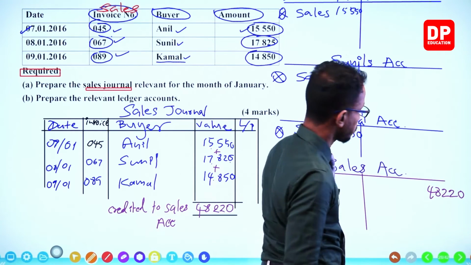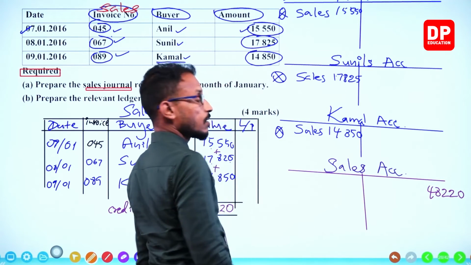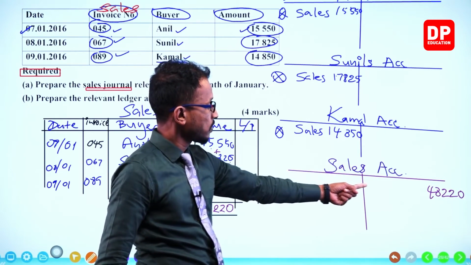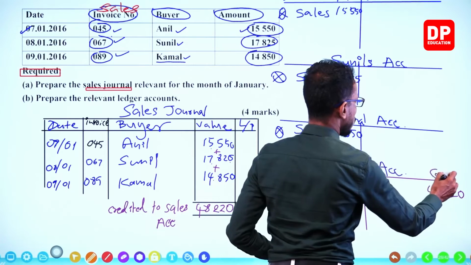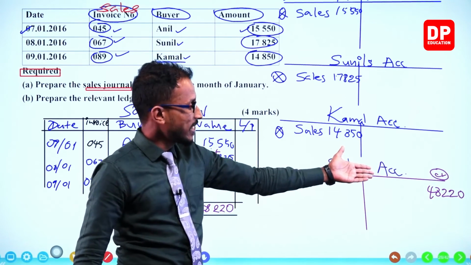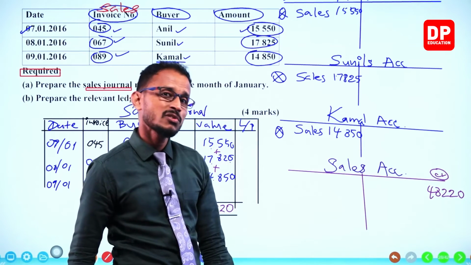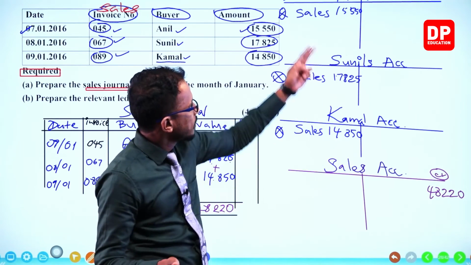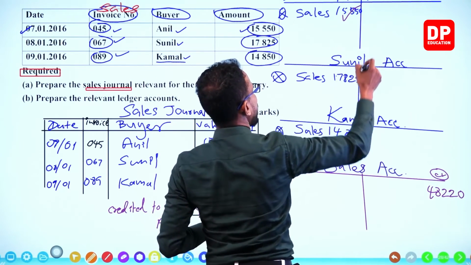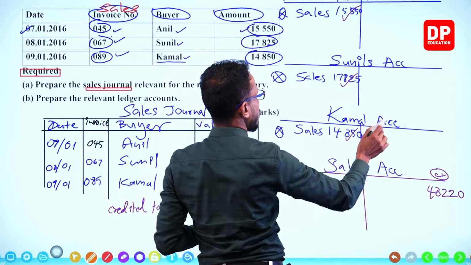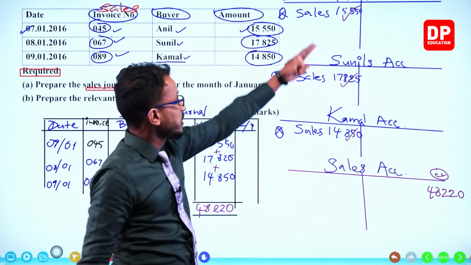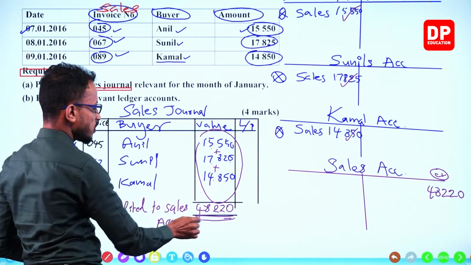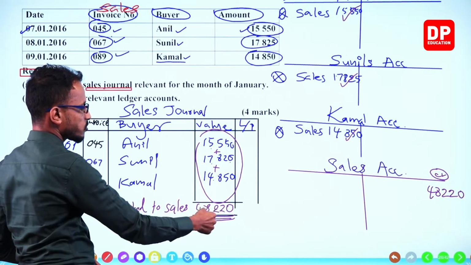Are you okay with it? Why are you wondering why it came to the credit side? You should be able to understand by now. Debtors are debited: 15,550, 17,825, 14,850. The addition of these three is 48,220.